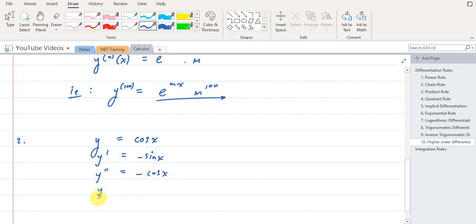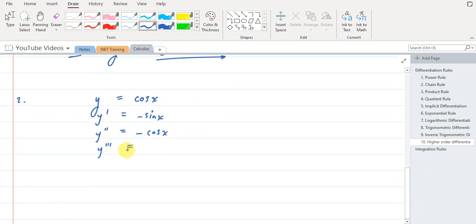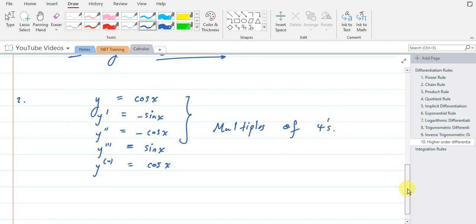Differentiate negative cos x, we get the triple prime, which is equal to sine x, and the derivative of sine x, which is the fourth derivative, is now equal to cos x. Now if I find the derivative of cos x, you're going to get negative sine, then negative cos, then sine, then back to cos x. So this is going in multiples of 4s.